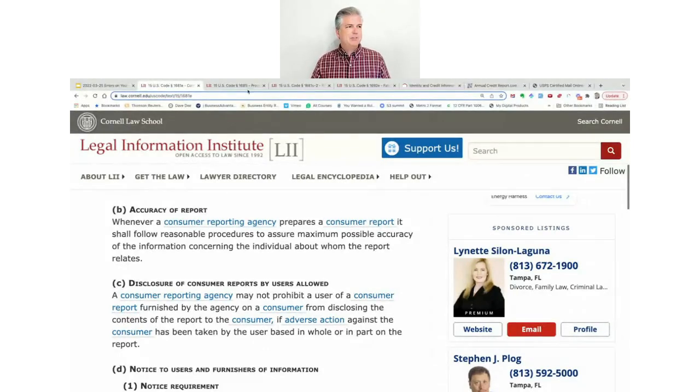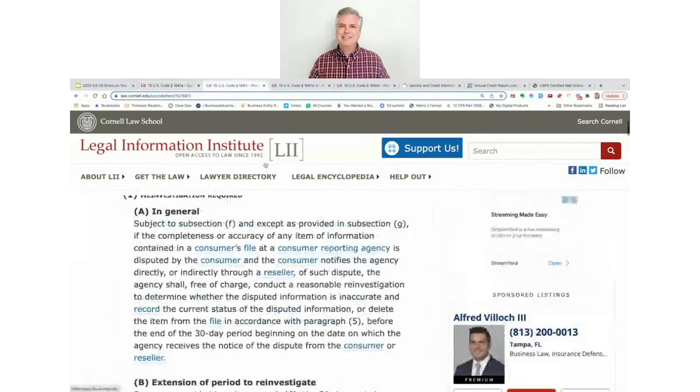Now, if you make a dispute, this is under section 1681i. And let me just highlight part of this. So it says that the completeness or accuracy of any item of information, that would include an inquiry, that would include the balance, that would include the pay rating or pay history. Different bureaus call it different things.